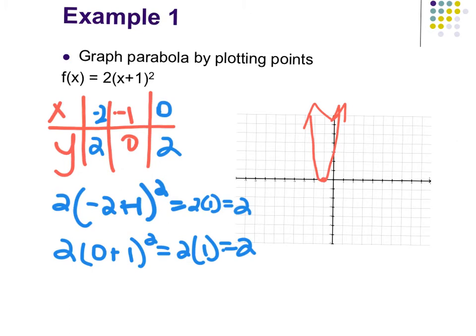These quadratics are symmetric. So there should be a reflection, which means if the left point was one space left and I went up to 2, then my right point, which also went 1 point over to the right, should also be at 2. So I've got -2, 2, -1, 0, and 0, 2. And then I plot my points.